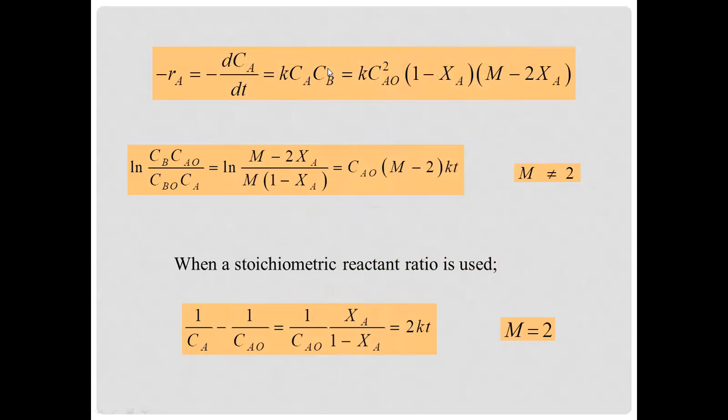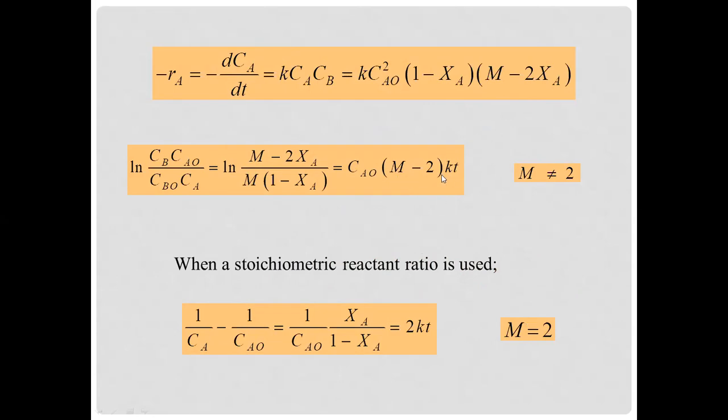However, class, what you have in here will change. It will not be anymore m minus 2XA because we changed already the coefficient of B in your stoichiometric equation. So if it's A plus 3B, this will change. If this changes, this also changes. And of course, the m's here also will correspondingly be changing depending on what m appears here.